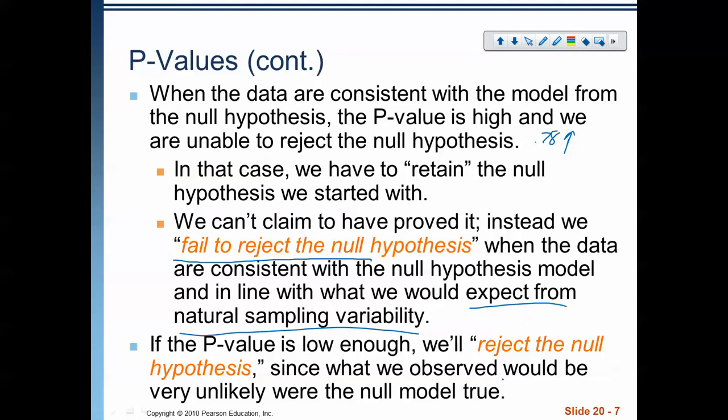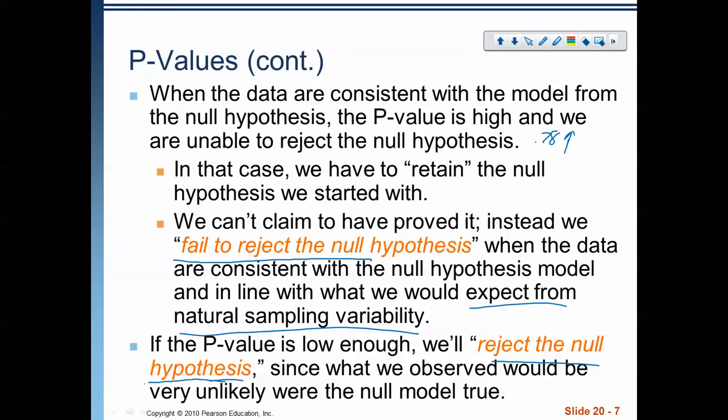However, if the p-value is low enough, we reject the null hypothesis. And rejecting the null hypothesis means I don't believe that the null hypothesis is true, and my observations and my data are not consistent with that. So I reject the null hypothesis in favor of the alternative hypothesis.